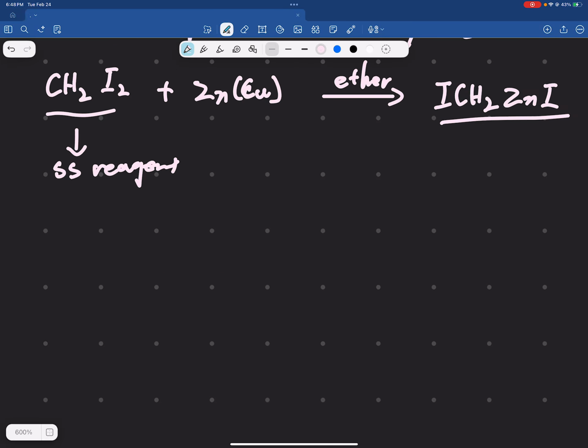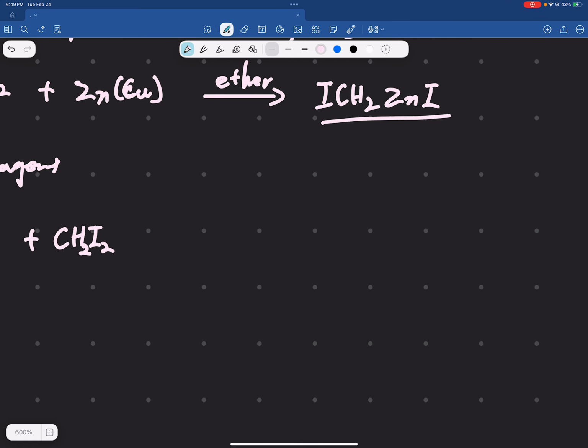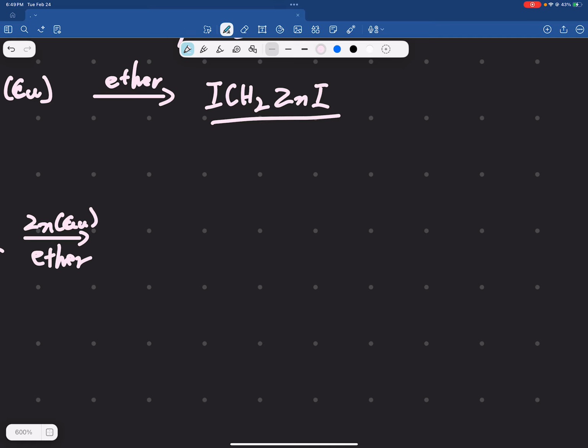So this is a Simmons-Smith reagent. So if we had, say, methylenecyclopentane with our Simmons-Smith reaction, diiodomethane, and we're going to react it with our zinc and copper couple in ether, it's going to form a spiro compound that looks like this, plus the zinc and iodine.